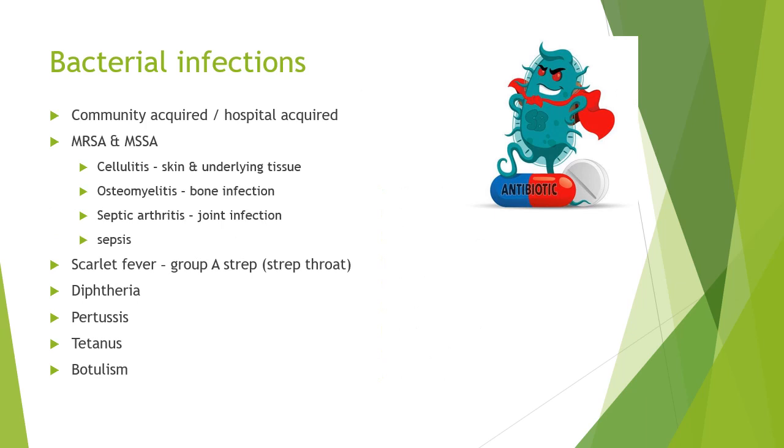So the bacterial infections, we have risk both in the community and then hospital acquired. So the most common that we hear about these days are MRSA and MSSA. So that's your Staph aureus, methicillin resistant and methicillin susceptible Staph aureus.